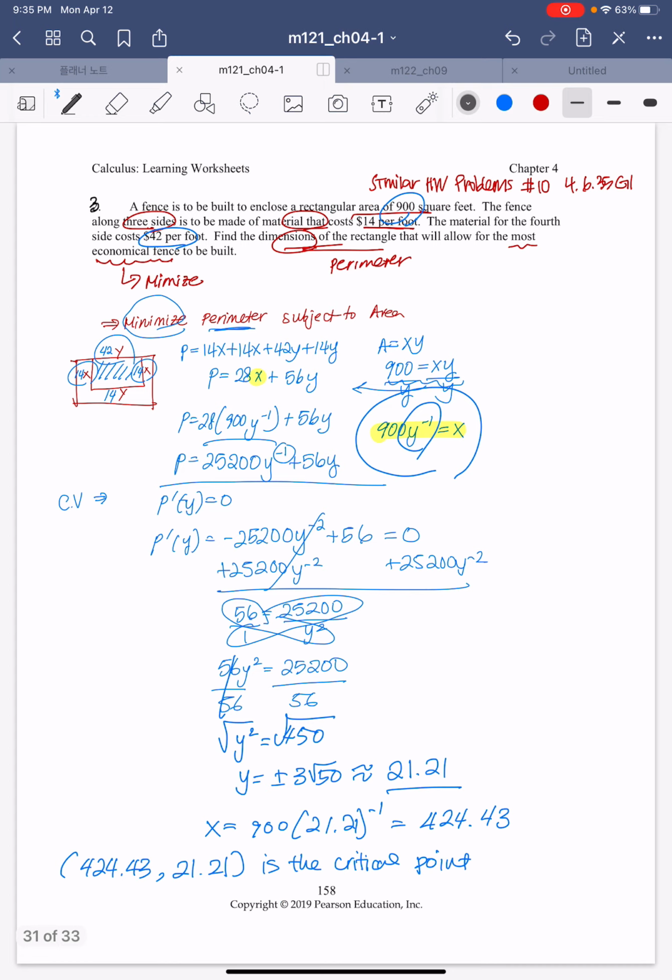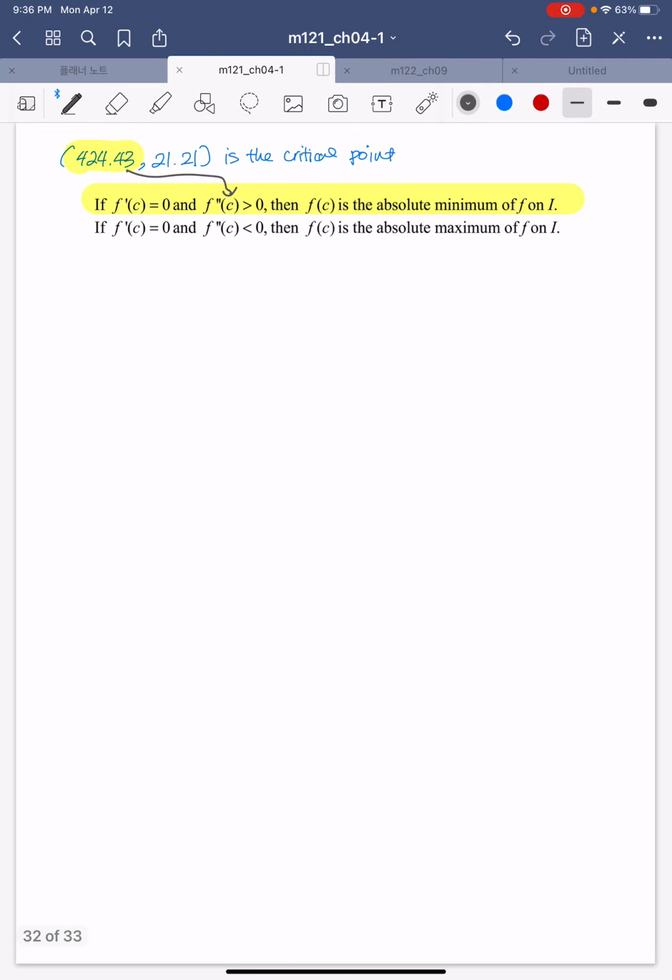Here's our first derivative function right over here. So I'm gonna write it out one more time. So our p prime of y was negative 25,200 y to the negative 2 plus 56.